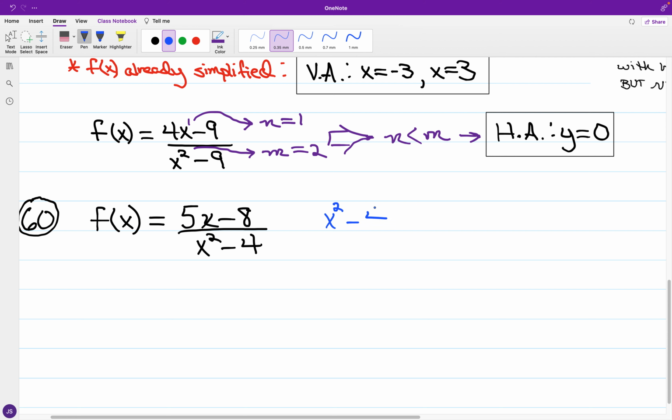For the rational function to be defined, again, the denominator cannot be equal to 0. And so we have here the factors, neither of which can be 0.